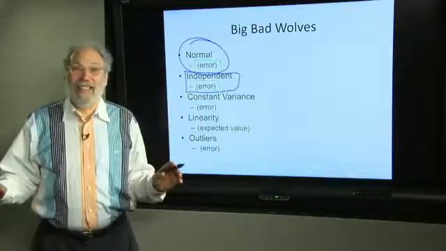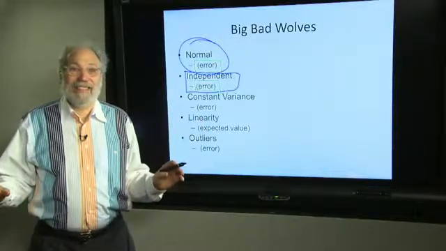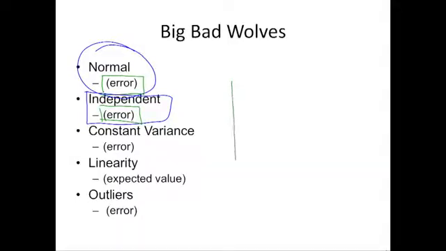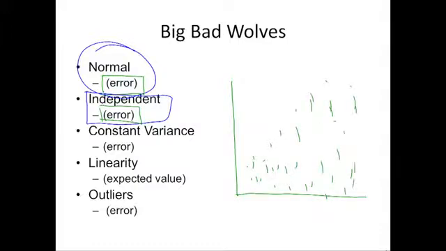Constant variance. Now what that means is the following. This is not constant variance. This is some outcome. This is some predictor.